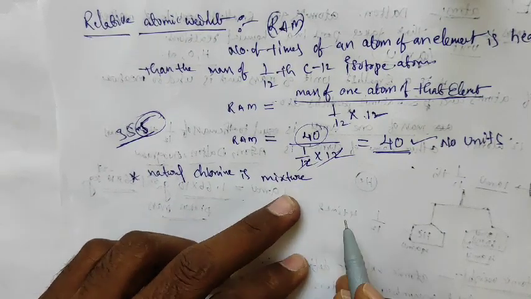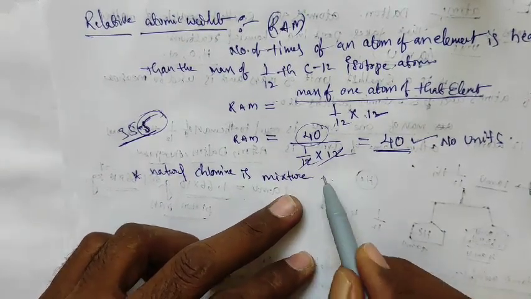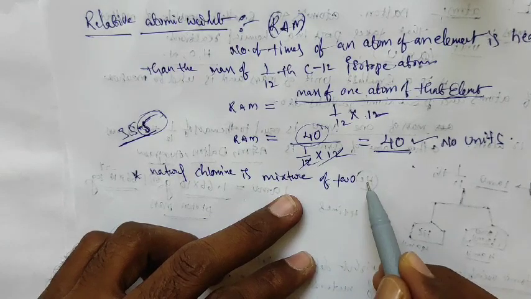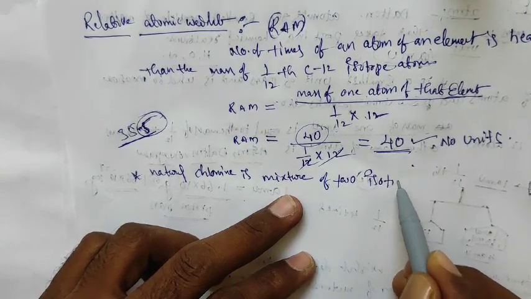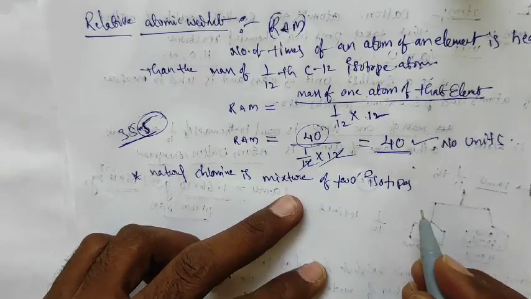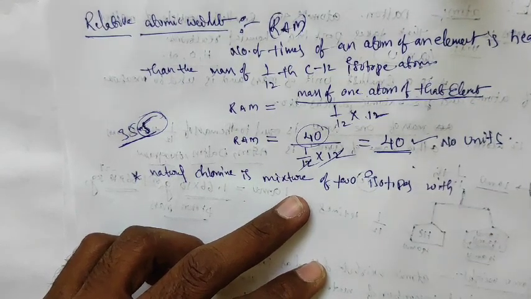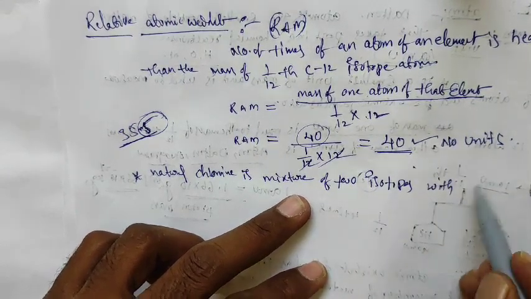Natural chlorine is a mixture of two isotopes. Every element has isotopes; in this example we are taking chlorine.